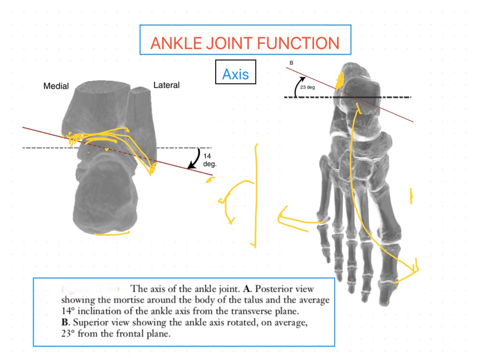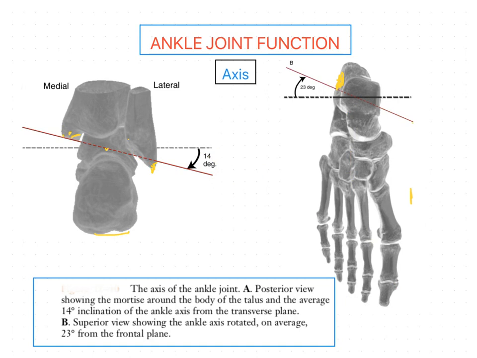So this is about the axis, and if we move on to the function, that is, what types of movements take place and how many degrees: as we know, it has only 1 degree of freedom, and it shows plantar flexion and dorsiflexion.